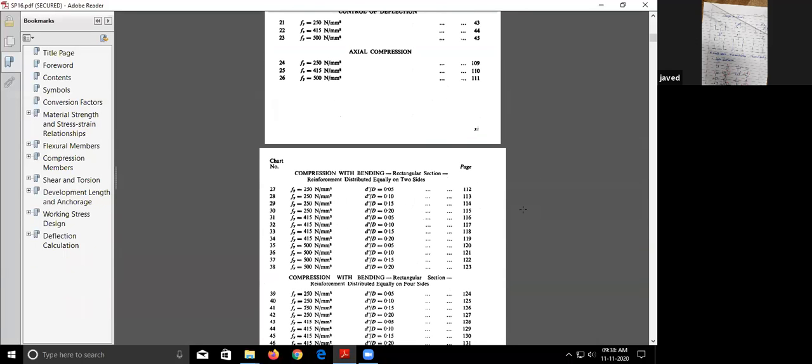So here you can see compression with bending. ठीक है, compression with bending, rectangular section, reinforcement distributed equally on two sides. तो यहाँ से we are concerned with these charts.